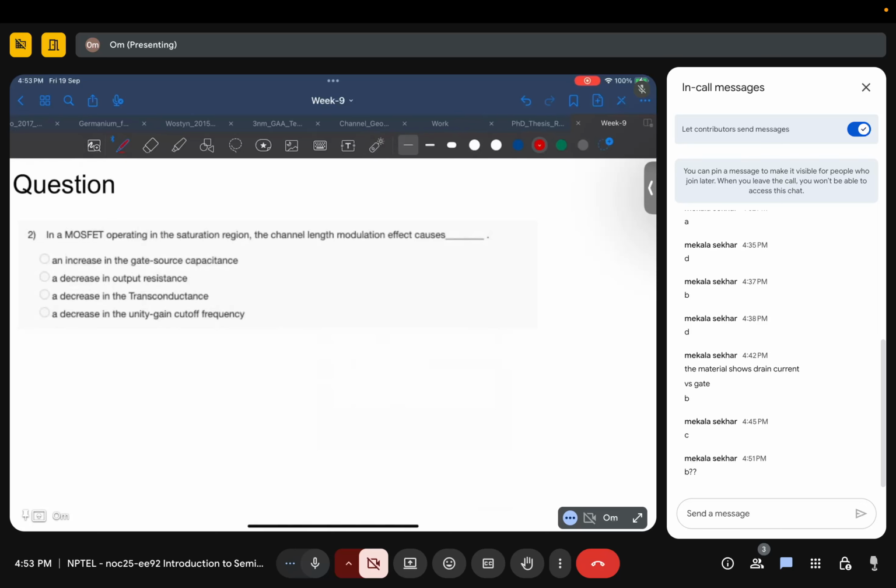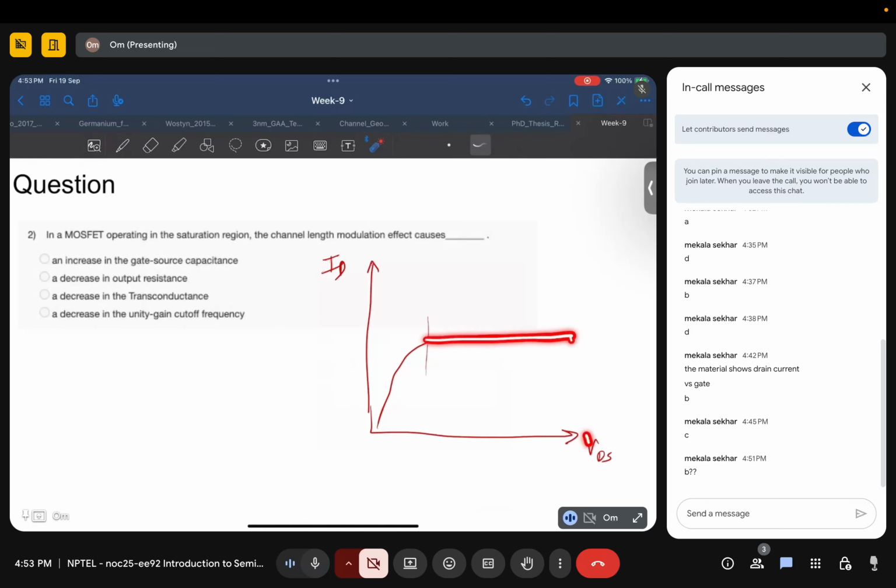Okay, so what channel length modulation does is, you have seen this in the output characteristics. So in the saturation region, ideally, we want the current to not change with VDS, but due to channel length modulation, there is this change in current.